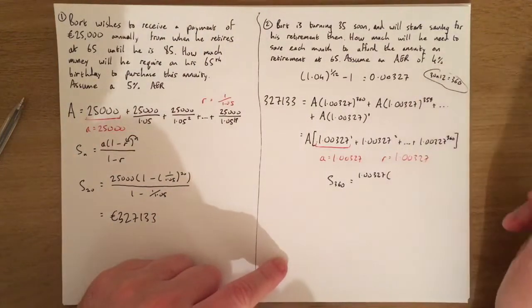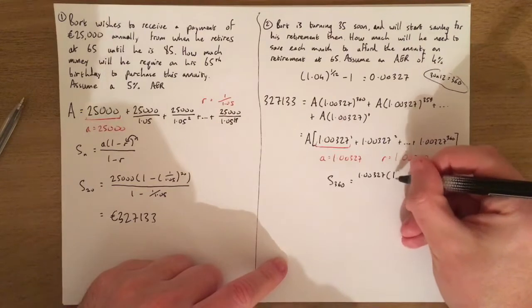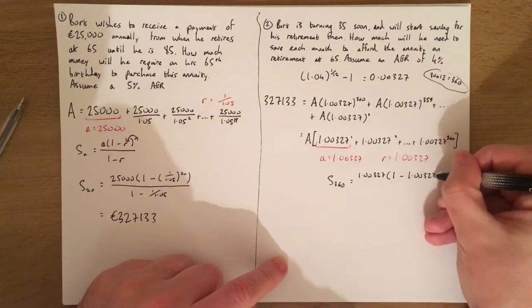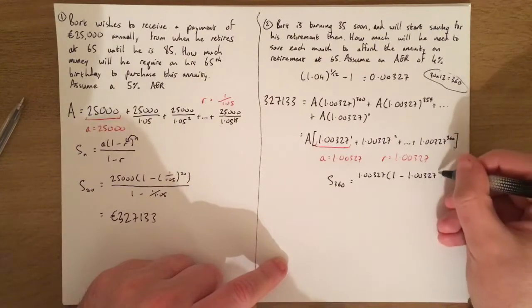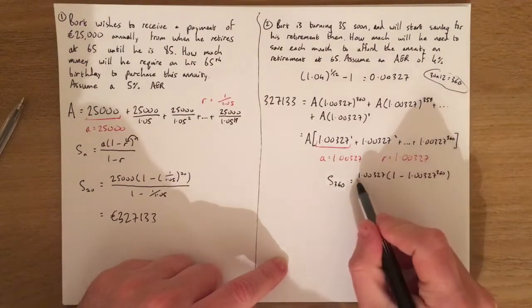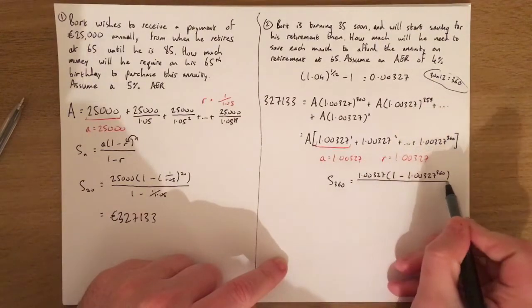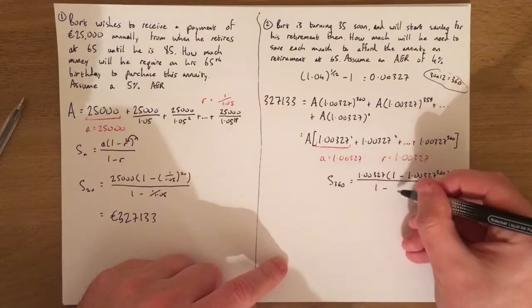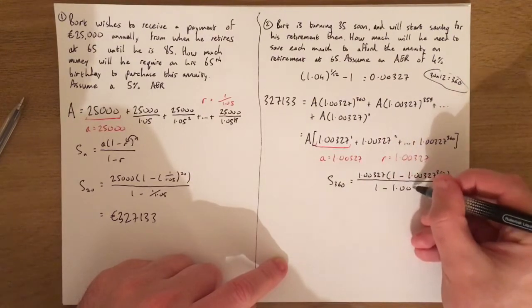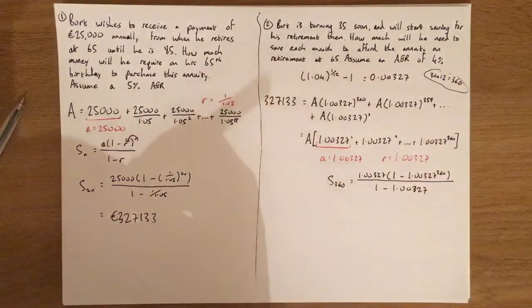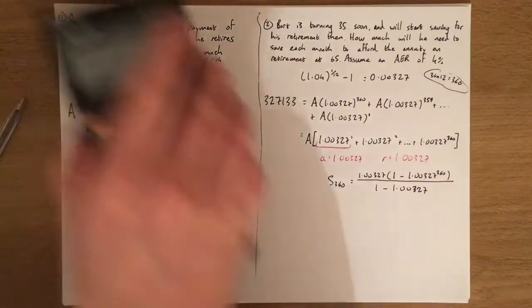So 1.00327 on 1 minus my r is 1.00327 to the power of 360, over 1 minus r, so 1 minus 1.00327. So just put that into the calculator.